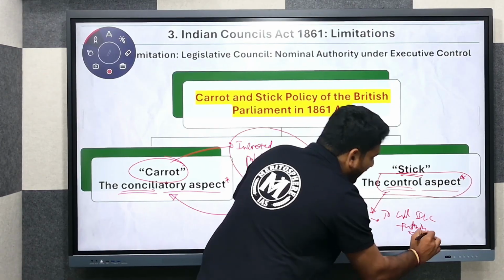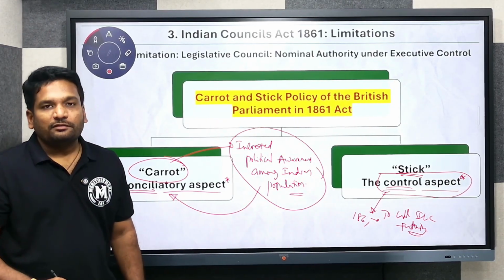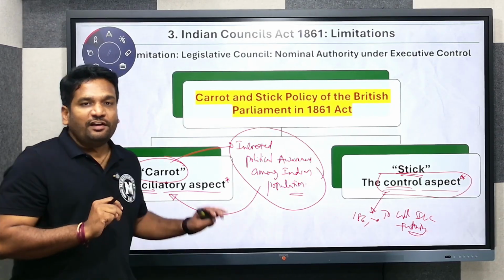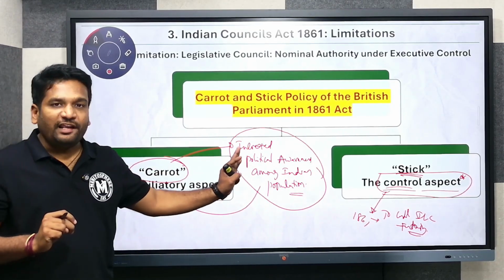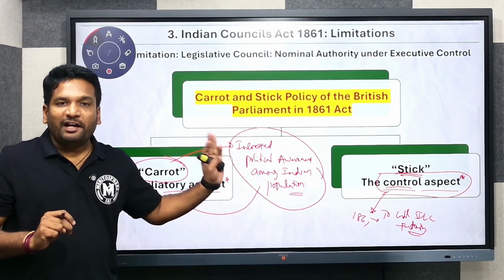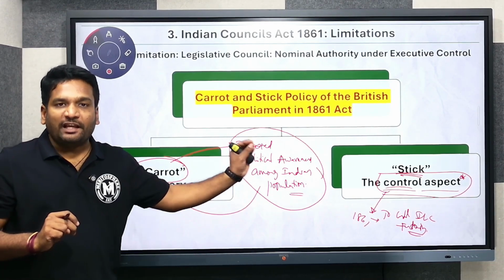Under the same legislation of 1861, there were two provisions: conciliatory measures and control measures. Conciliatory measures were meant to pacify the educated middle class, among whom there was increased political awareness.